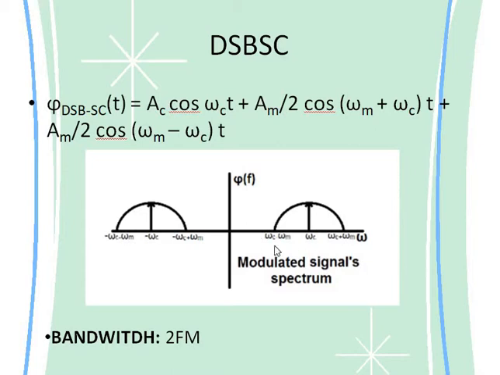The AM modulation is called double sideband suppressed carrier if the carrier is suppressed or the carrier is not available in the frequency spectrum. Here only two bands are available.